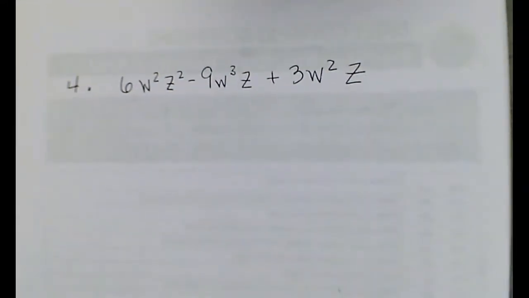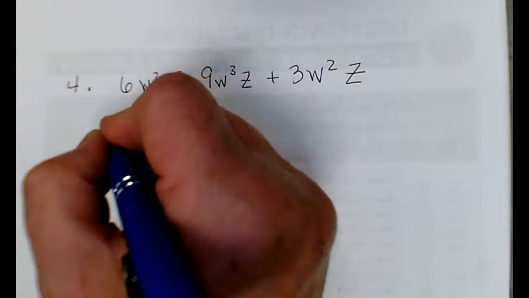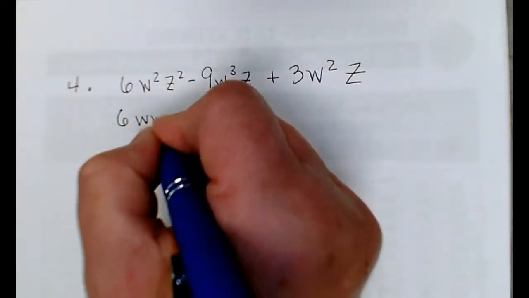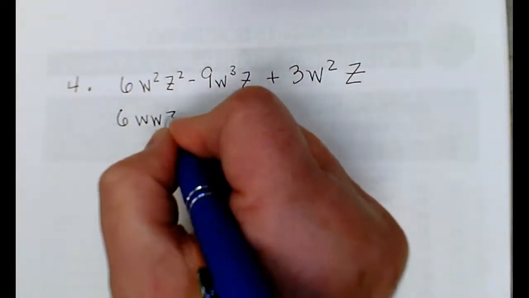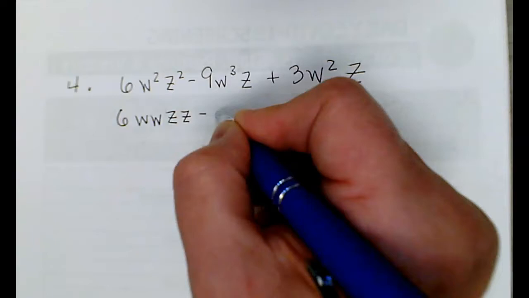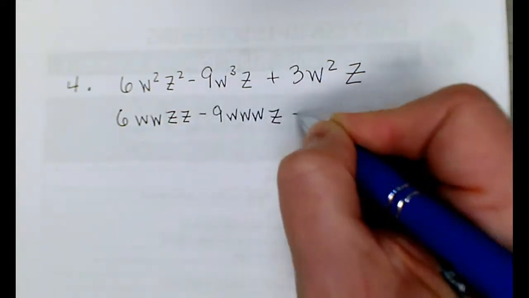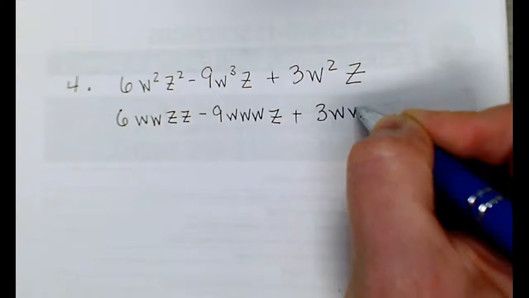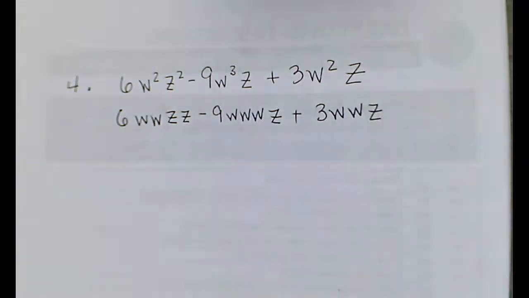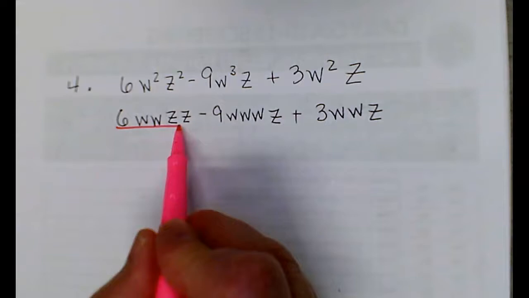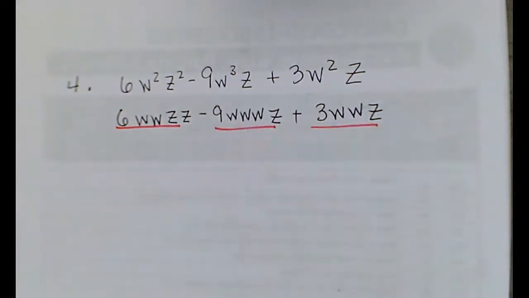So the best thing to do here is to start by expanding. Expand and then find your GCF. What's the biggest number that's going to divide 6, 9, and 3?